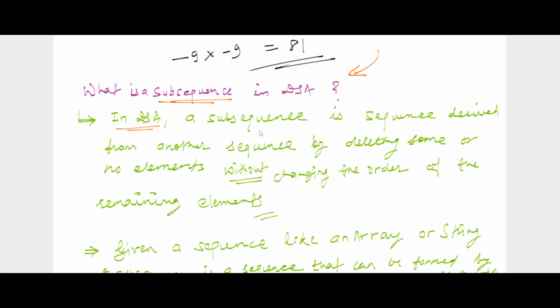In DSA, a subsequence is a sequence derived from another sequence by deleting some or no elements, without changing the order of the remaining elements.